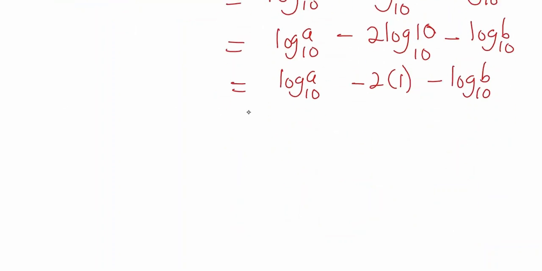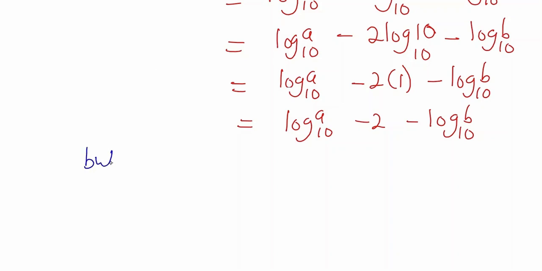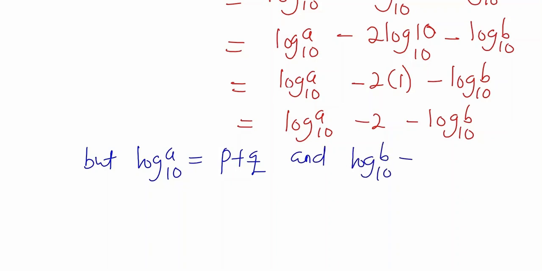Now at this point, we can further simplify. You have logarithm of a base 10 minus 2 minus logarithm of b base 10. Now initially we're given the values of logarithm of a and b, so the logarithm of a base 10 was given as p plus q, and that of the logarithm of b base 10 was p minus q.